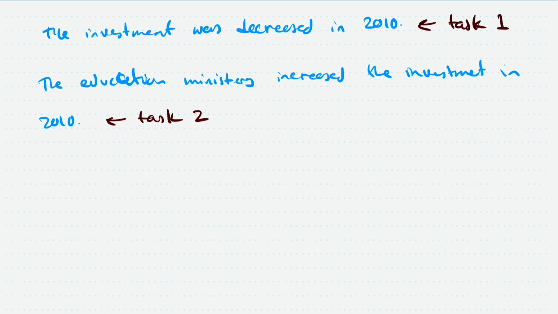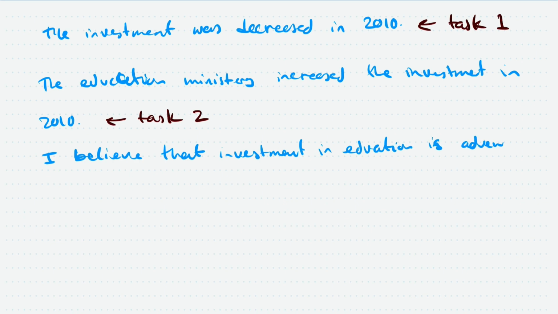Also, you might be asked to describe your own point of view. So then it's very likely that you need to use the active voice. For example, you can write, I believe that investment in education is advantageous to the society.